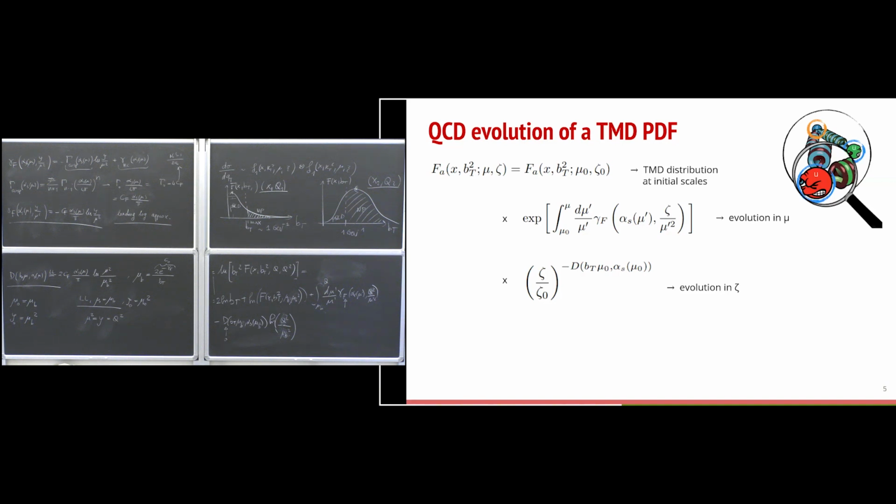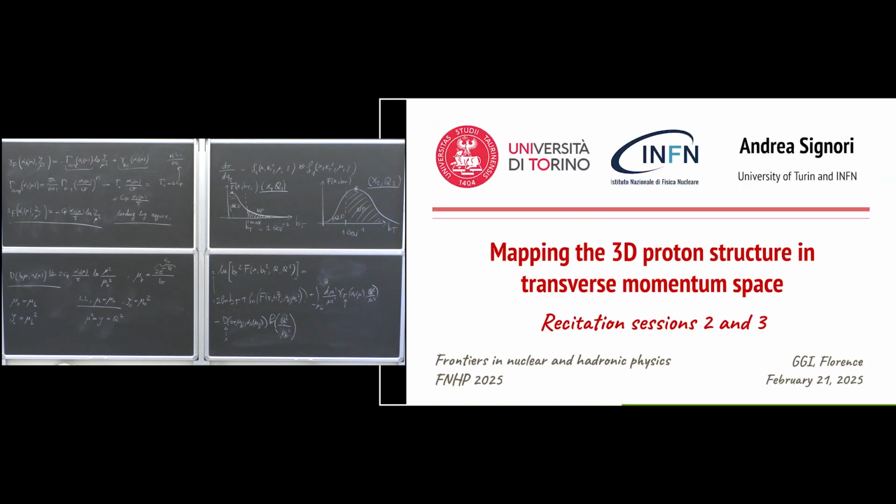Because in that log you have, no, sorry. So this is integrated over that mu squared.